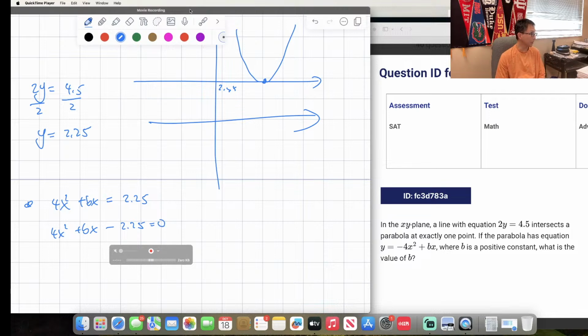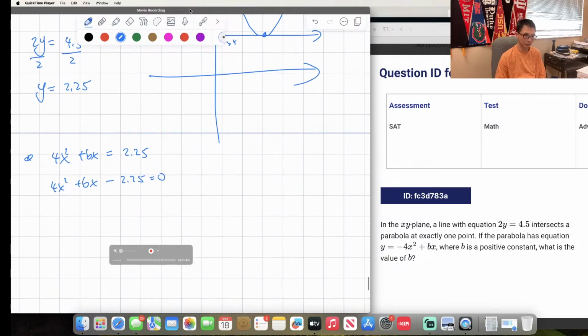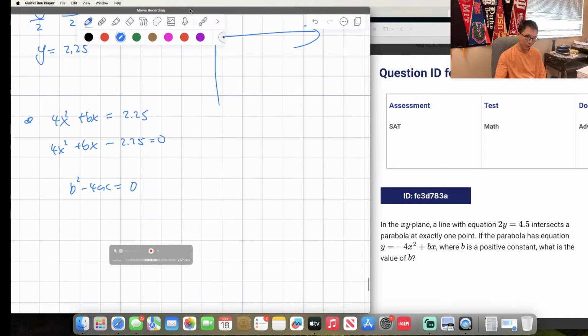Now we're going to find the discriminant. What is the discriminant? b squared minus 4ac is equal to what? We want it equal to or greater than? Equal to 0. Good. So it'd be b squared minus 4 times c, which is 2.25, equal to 0.